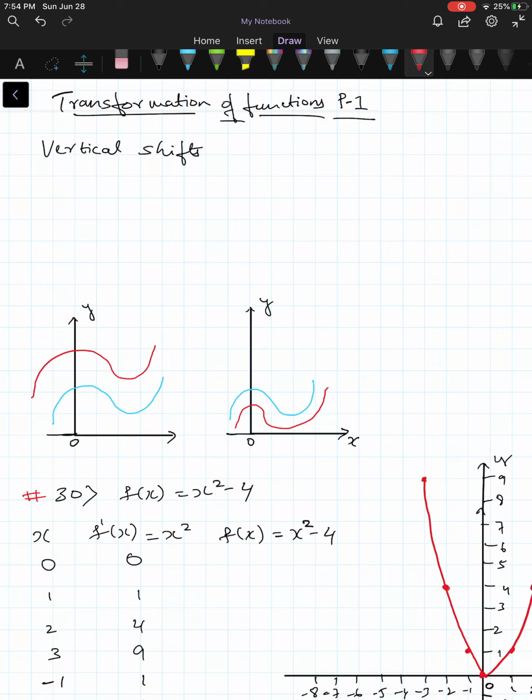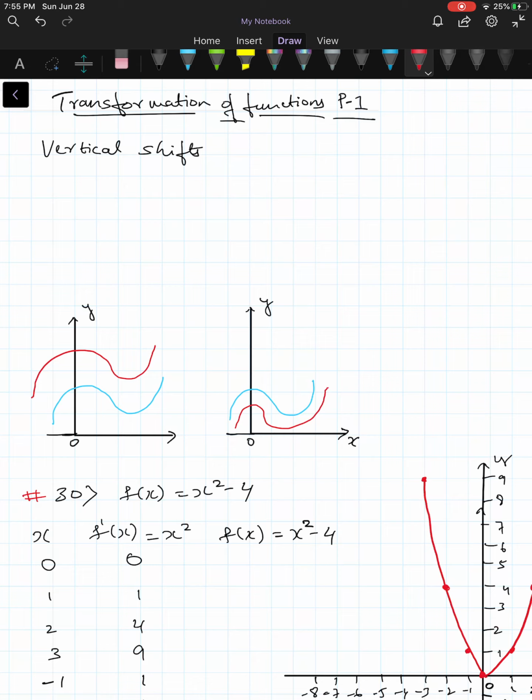In the same way, if you are moving the graph below the original graph, towards the negative side, you have to subtract some constant value from all the functional values of the given function. So vertical shift happens if you alter the functional values.